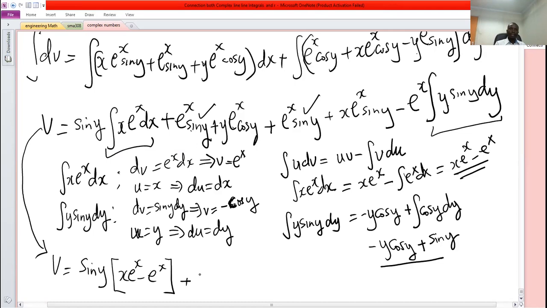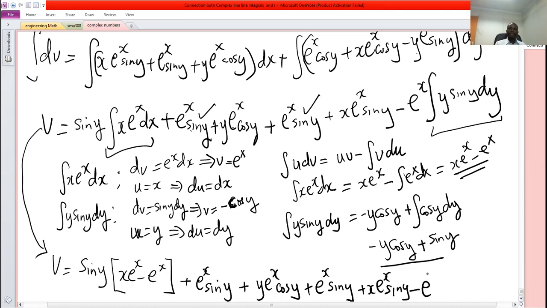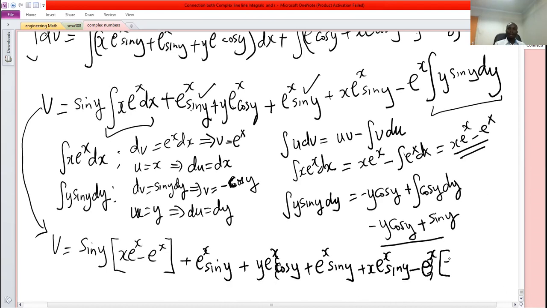So plus e raised power x sine y plus y e raised power x cos of y plus e raised power x sine of y plus x e raised power x sine y minus e raised power x, and this part I write minus y cos of y plus sine of y, and then I add c to take care of all the constants in all the integrations we have been doing.